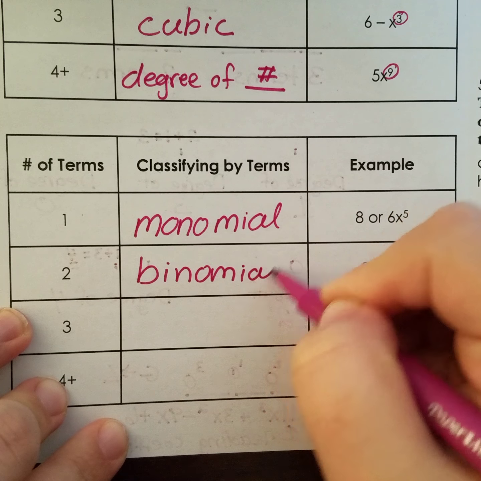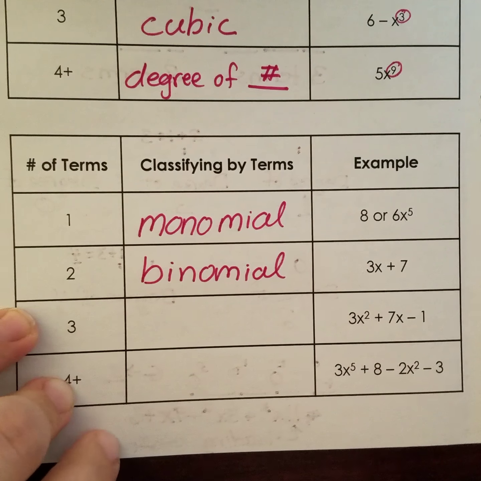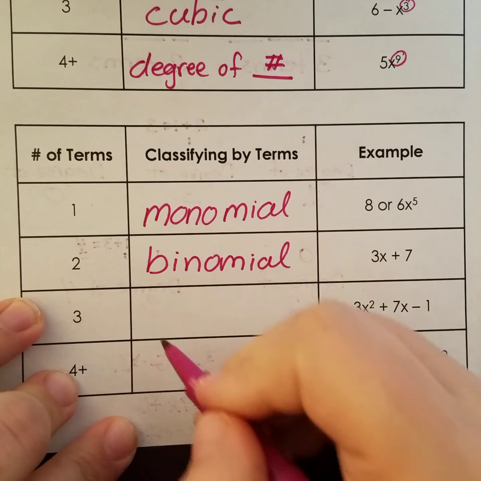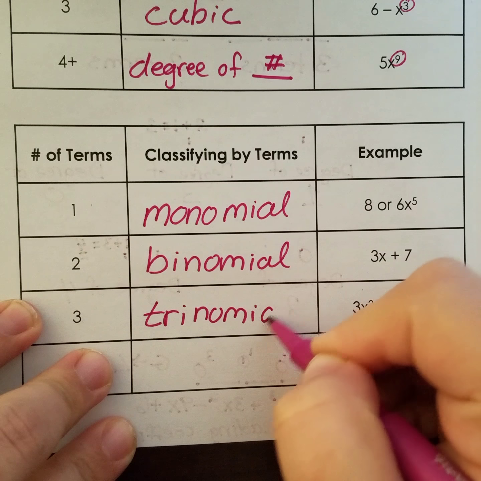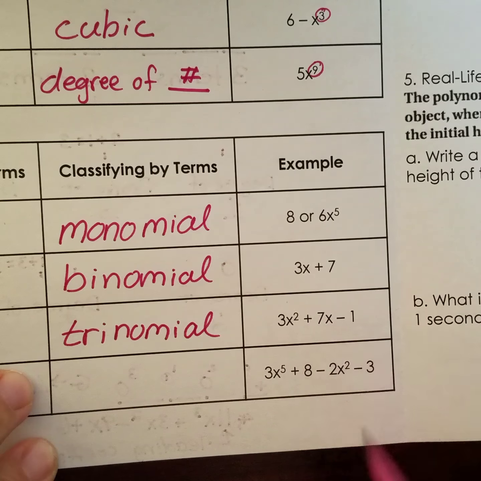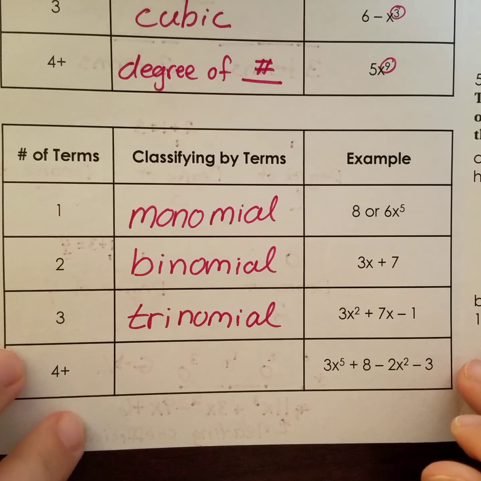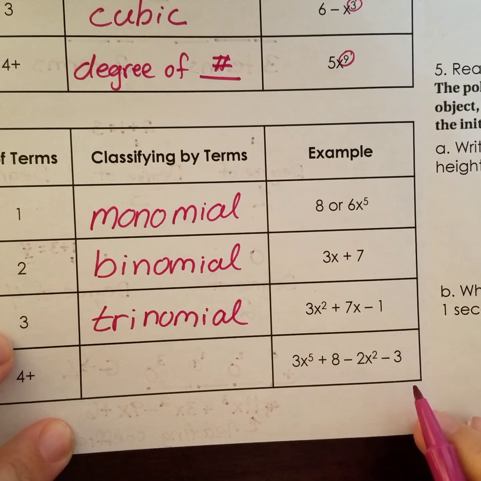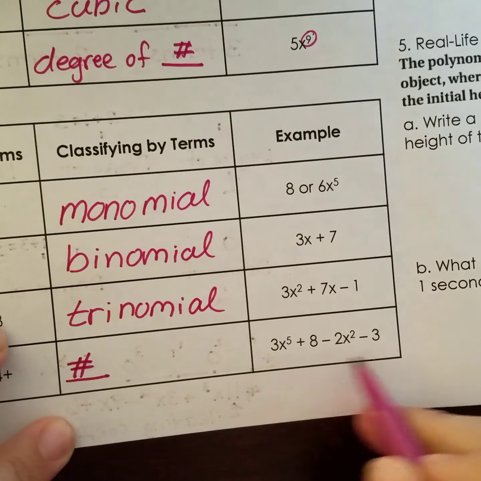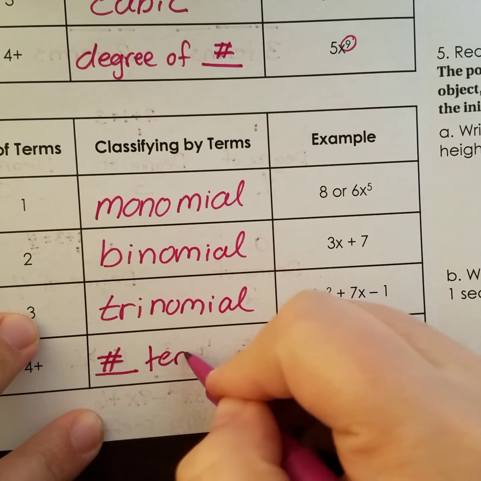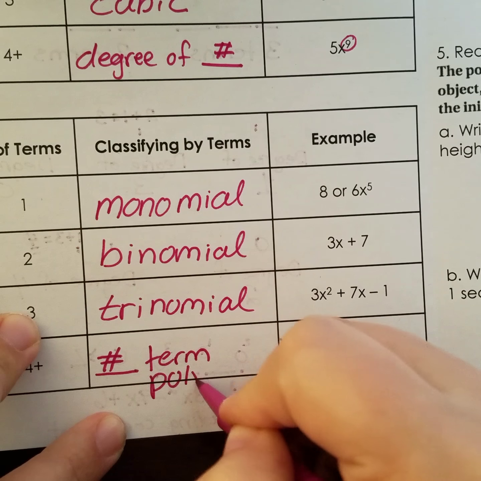I think the terms are easy to remember than the degrees. 3, think of a tricycle. It's going to be a trinomial. 3. All right, 1, 2, 3. And last but not least, if you have 4 or more, you can just say this would be a 4-term polynomial.